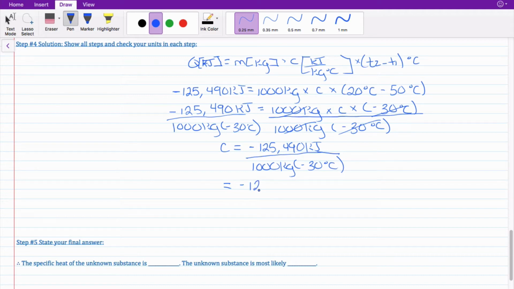So negative 125,490 kilojoules over negative 30,000 kilograms degrees C.